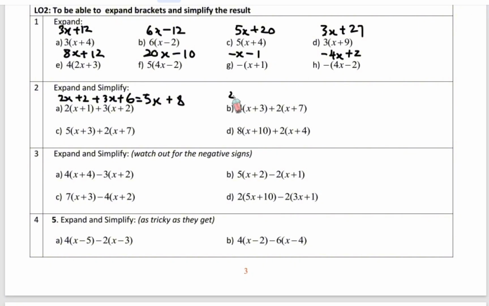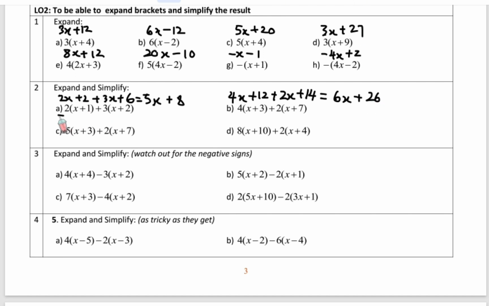For B, this is 4x plus 12 plus 2x plus 14. So this will be 6x plus 26.